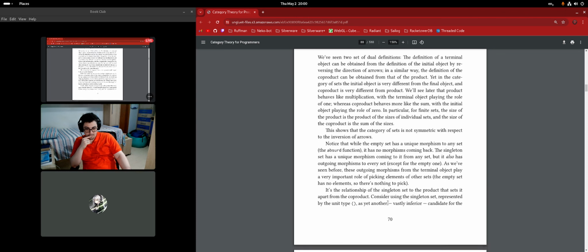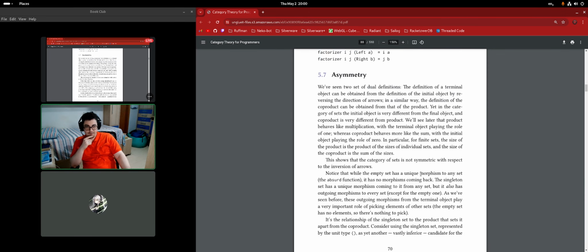I think. So if they are not different, if they are not that different, they are symmetrical. Is that the point?